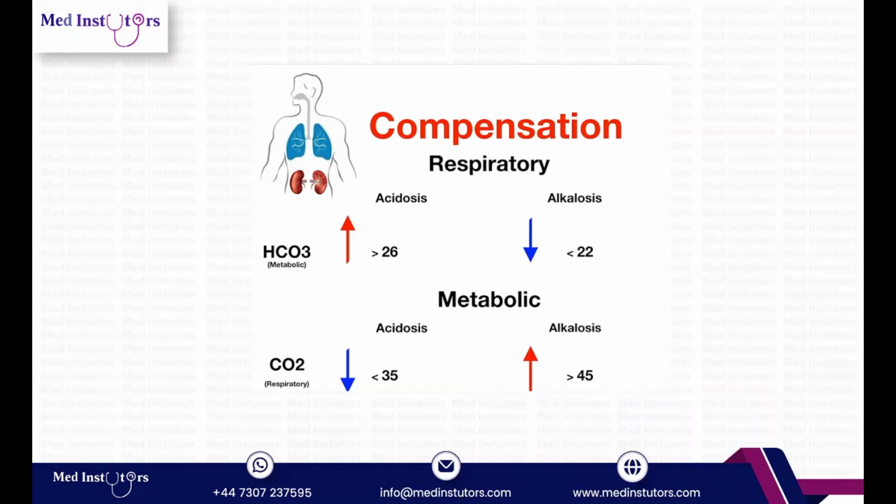The patient is having metabolic alkalosis. So what would be the compensation here? The compensation would come from the lungs. How does that happen? The carbon dioxide should go to the upper side so that we can increase some acid in the blood to compensate for that base. So in that case, the carbon dioxide level should be more than 45 in order to compensate for the metabolic alkalosis. So this would be the compensation.